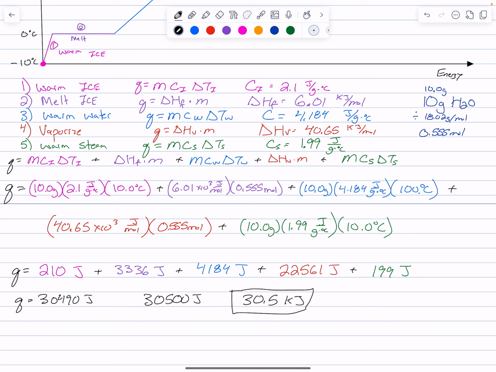All right, so that's what it would cost in energy to take 10 grams of ice at negative 10 degrees Celsius all the way up to steam at 110.